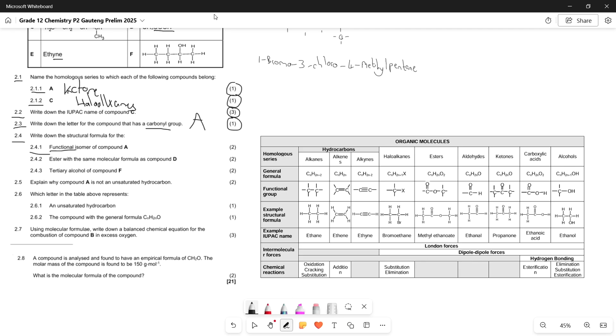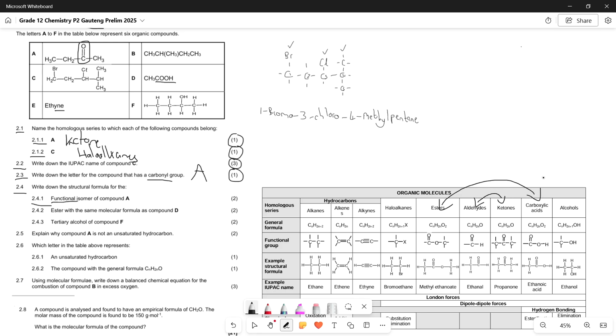So the most common functional isomers have to do with esters and carboxylic acids. So these ones are very common. And then aldehydes and ketones. These guys are also very common because we just have to move the double bond O to a different location, and then we have changed the homologous series to which it belongs, which means we have esters and carboxylic acids, aldehydes, and ketones.